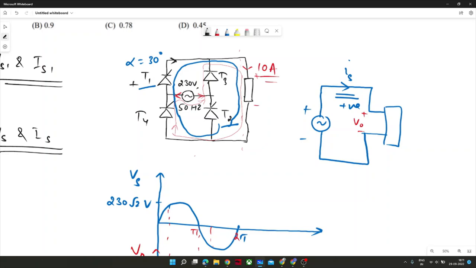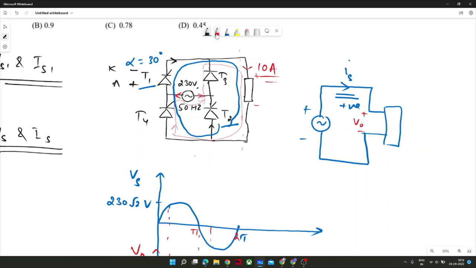The conduction happens from anode to cathode, right? Any current will flow in a thyristor from anode to cathode. So this is anode, this is cathode. So current will flow from anode to cathode in T1, and in similar manner in T2, right? In T2 also it will flow in this manner.